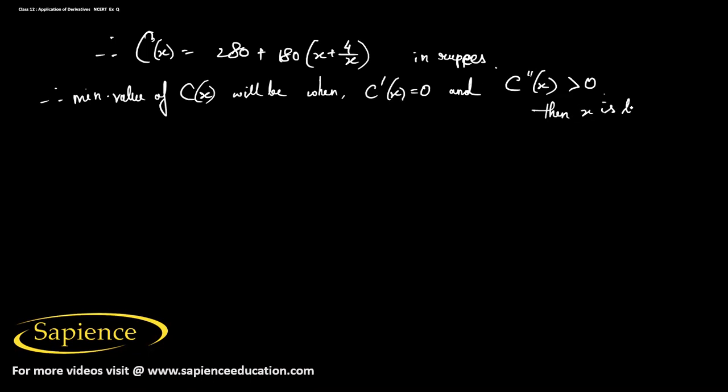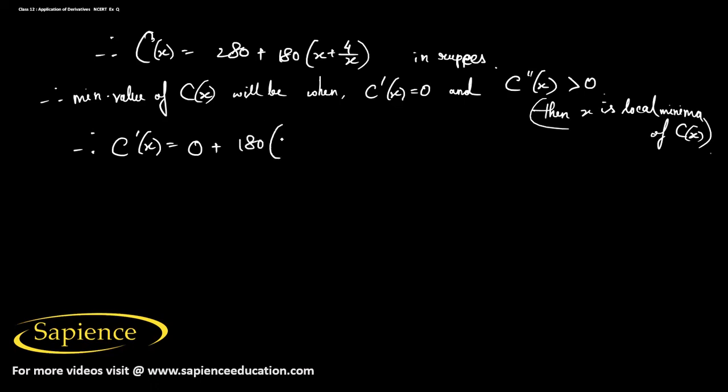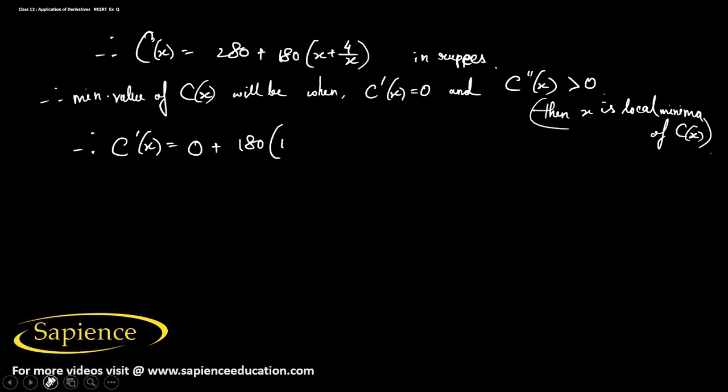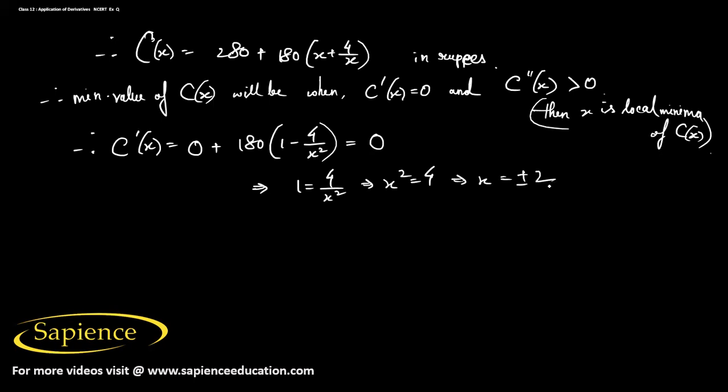Now c dash x will be equal to 0 plus 180 into 1 minus 4 by x square, which should be equal to 0. So it means that x square should be equal to 4, so x is equal to plus or minus 2.